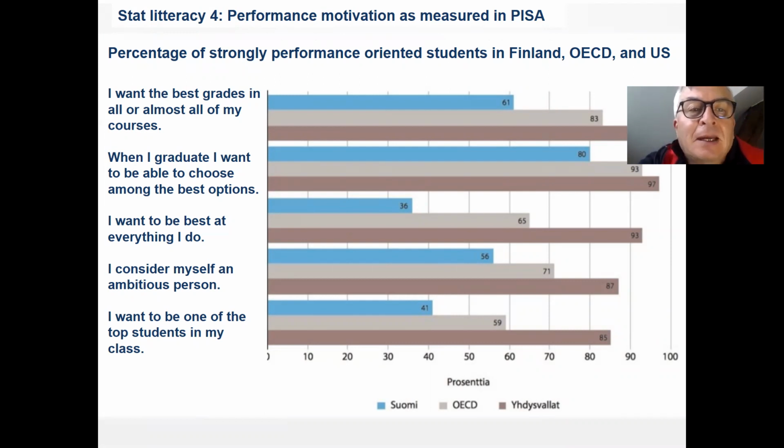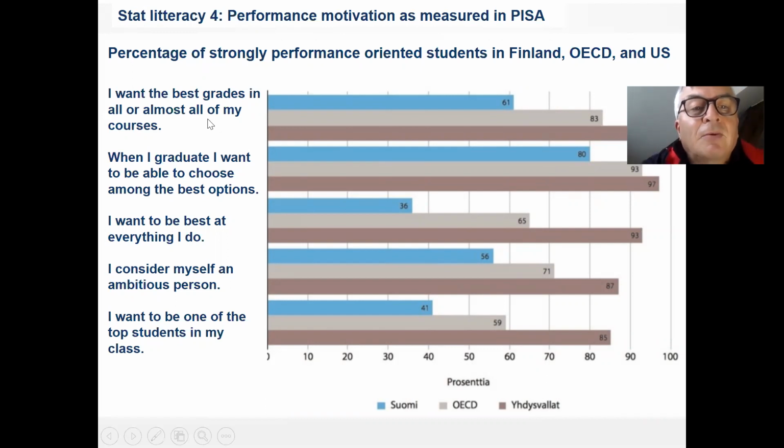And these are the actual questions asked in the questionnaire of the students. And to make it simple, we have here picked out OECD, Finland, and the United States. And you can see that there are huge differences, but let's think about this for a little while.